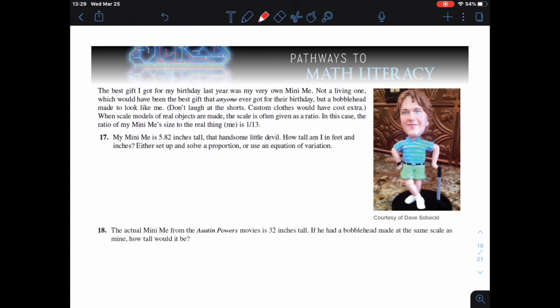So the idea is I took my normal size and I'm going to get 1/13 of it, and that's going to be the height of my little bobblehead. We're told that the mini-me is 5.82 inches tall. We want to see how tall the human is. We can set it up using a proportion or a variation equation, whatever it is.